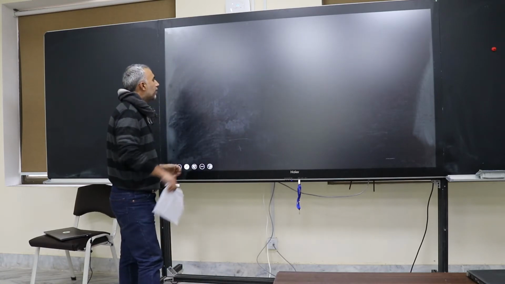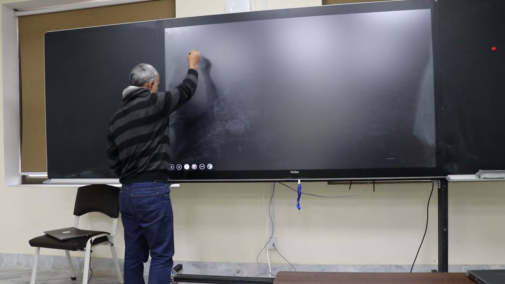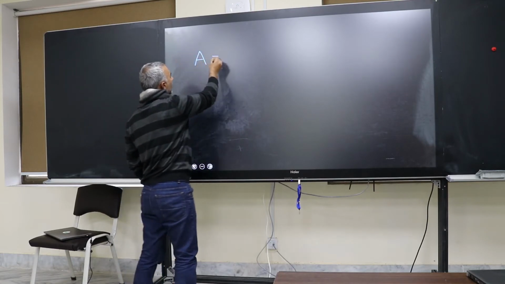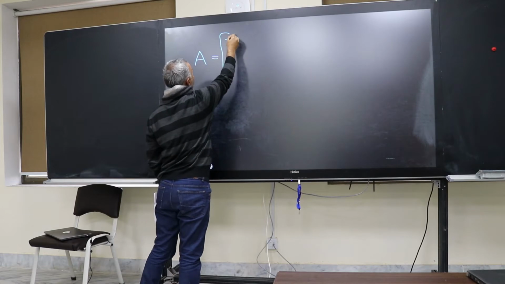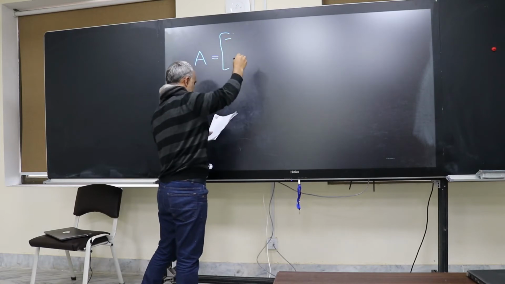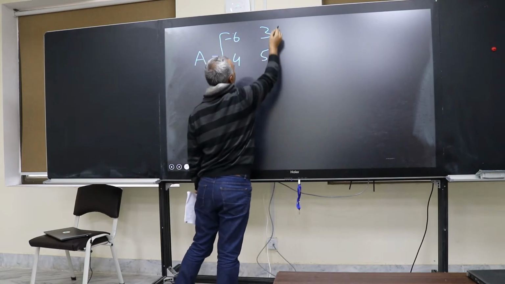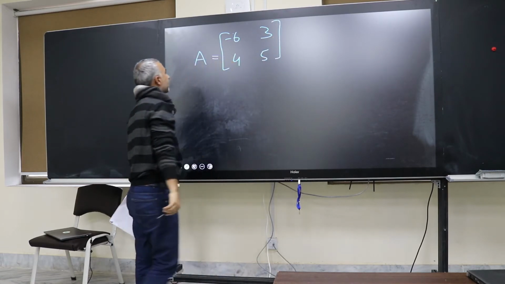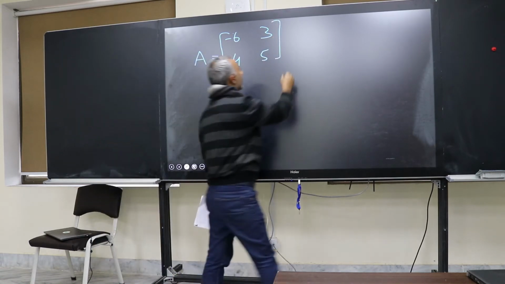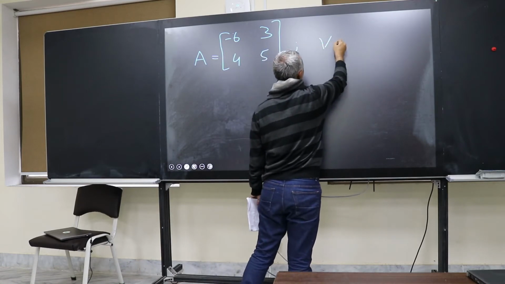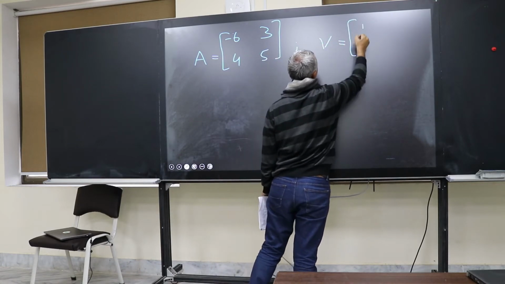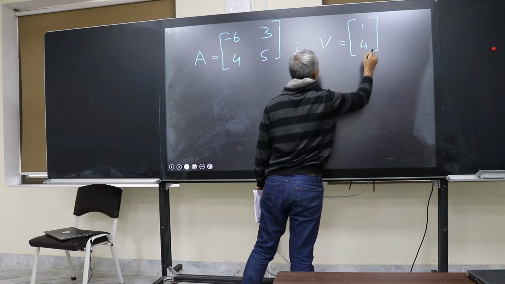Then, suppose we are familiar with some matrix A, for example, [-6, 3; 4, 5], and the eigenvector V is [1, 4].